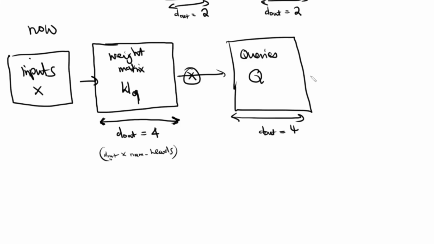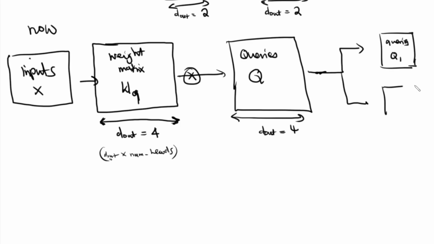After doing that, we are just going to split this big matrix into smaller matrices, queries Q1 and Q2. That's where the split happens. We turn these big queries into query 1 and query 2.